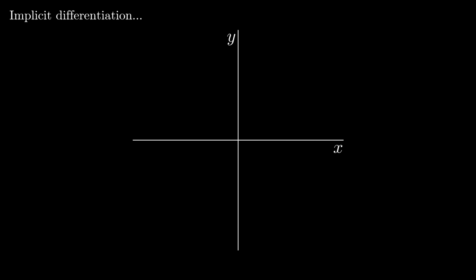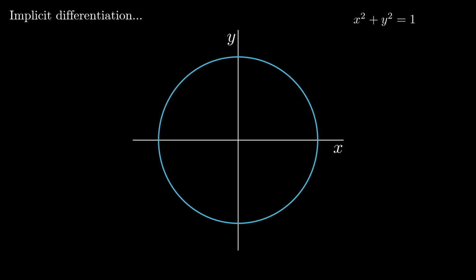For this, we have to recall something called implicit differentiation, and I'm going to attach another video if you want to remember this. But here's the very fast summary. I have my 2D plane, and I have my circle with the equation x squared plus y squared equals 1. We can make a trick and differentiate both terms, x squared with respect to x and y squared with respect to y.